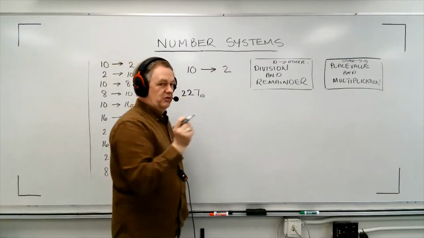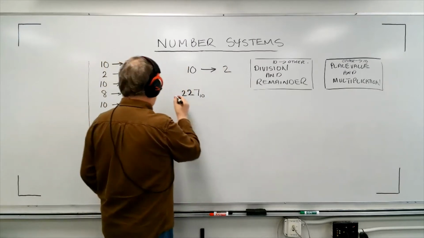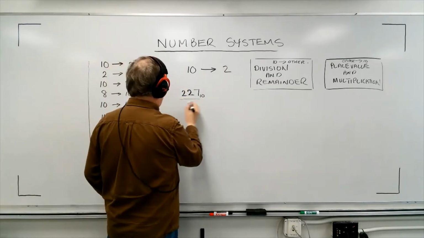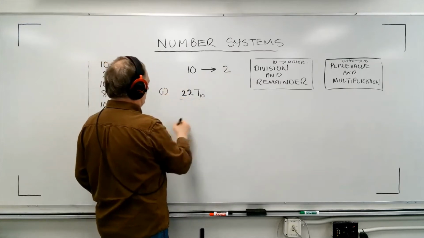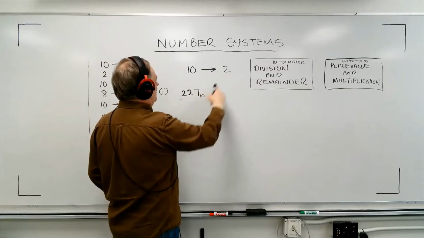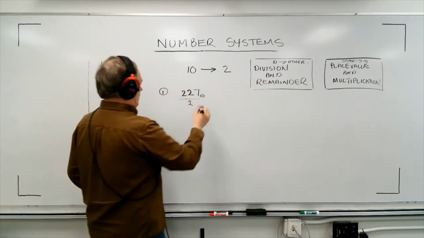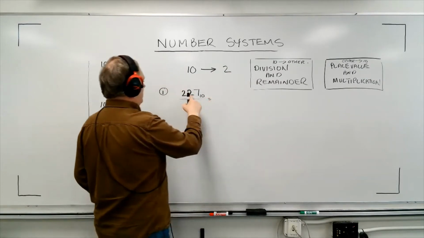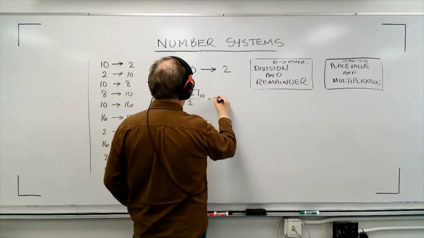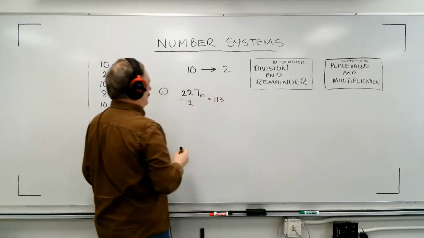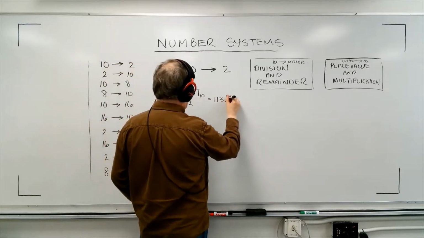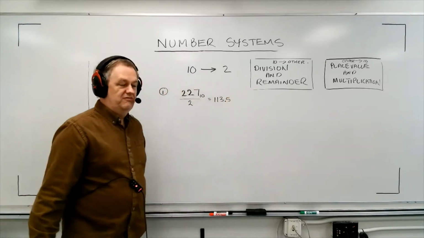So here's the process. Step number 1, divide your base 10 number by your base. And so this is going to equal 113.5.